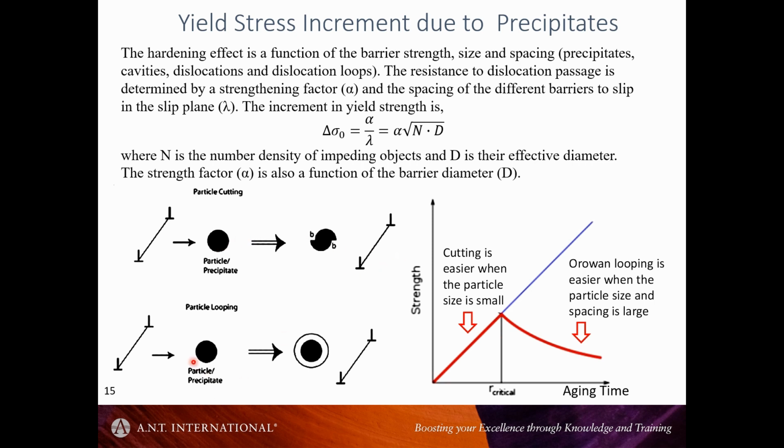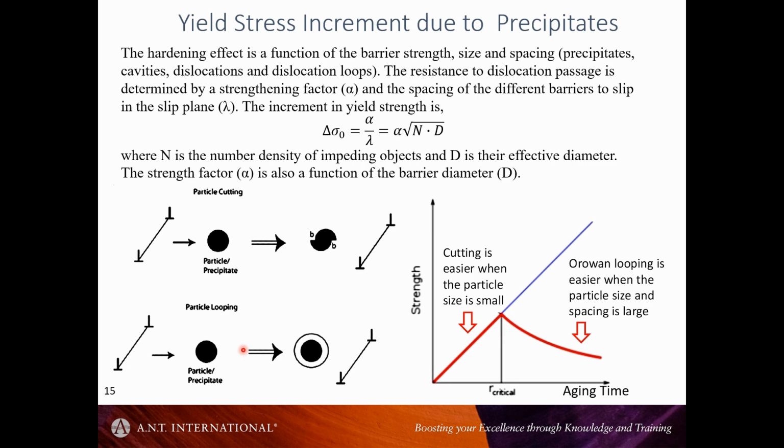And once the precipitates get large enough, it's really when the spacing between the precipitates becomes large enough through aging. But typically aging both increases the spacing between precipitates, but also increases the size of the precipitates. So by and large, it's actually a combination of the two.